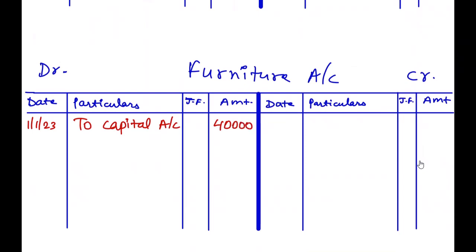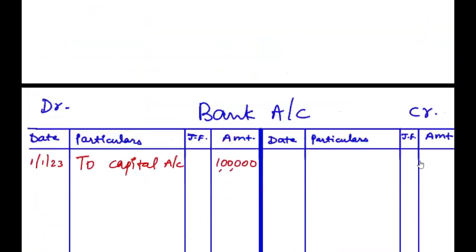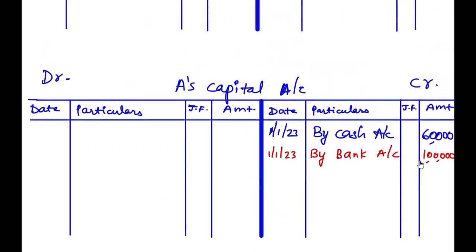So 40,000 due to capital account, furniture account has been debited. So capital account will be credited by furniture account 40,000. So that is the second effect of my entry.